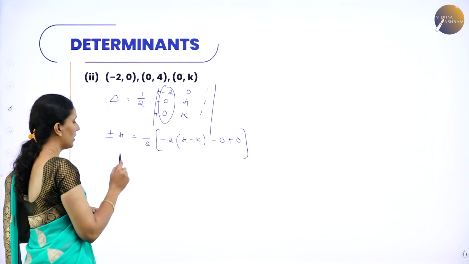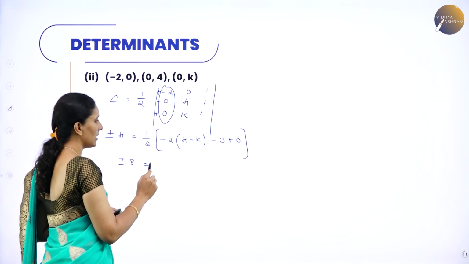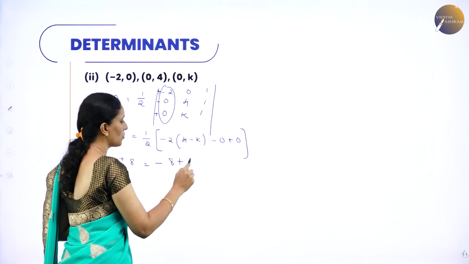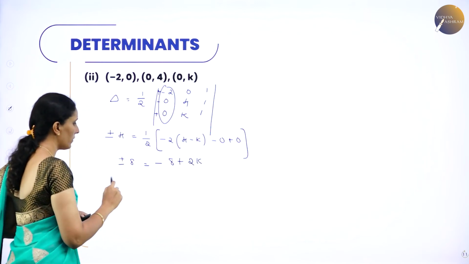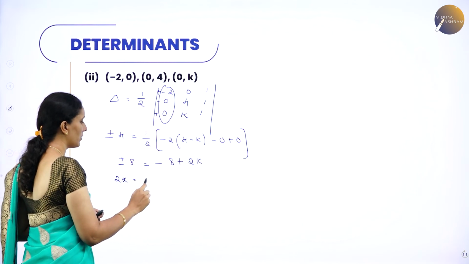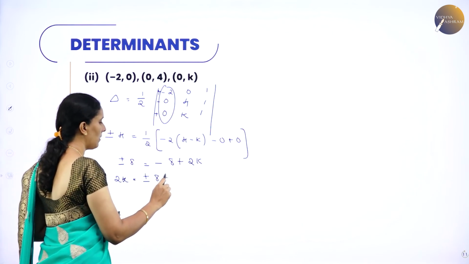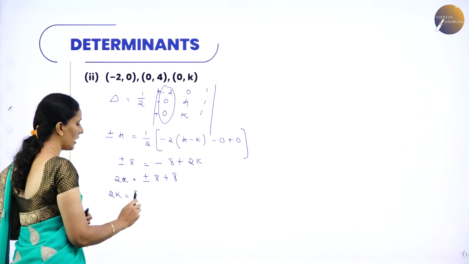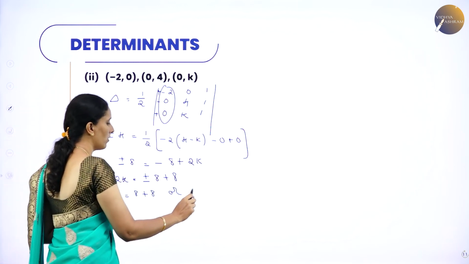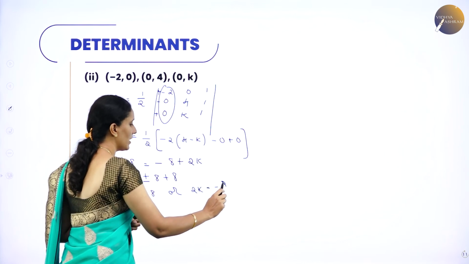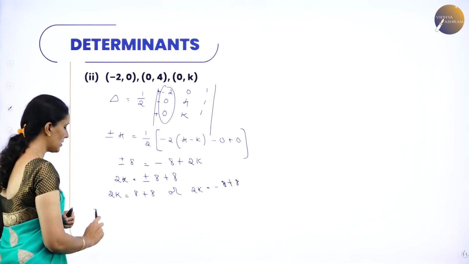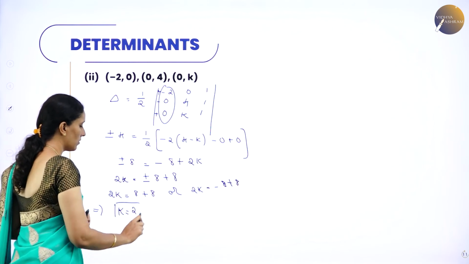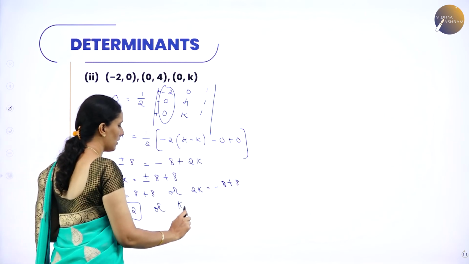Next we have plus or minus 8 is equal to minus 8 again, minus into minus plus 2K it becomes. So, we have 2K is equal to plus or minus 8 plus 8. So, we get here 2K is equal to 8 plus 8, or 2K is equal to minus 8 plus 8. So, this implies K is equal to 8 or K is equal to 0.